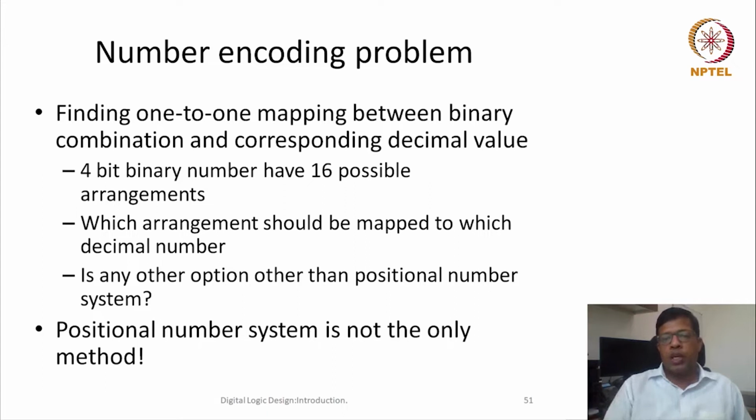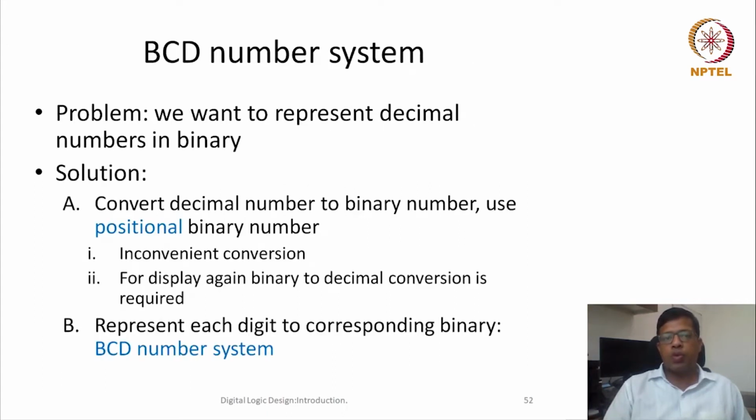Let us pose one question: why are we representing decimal numbers in binary in a particular way? The problem is, we would like to represent any kind of number, let's say 10, 20 or 1000, in binary.